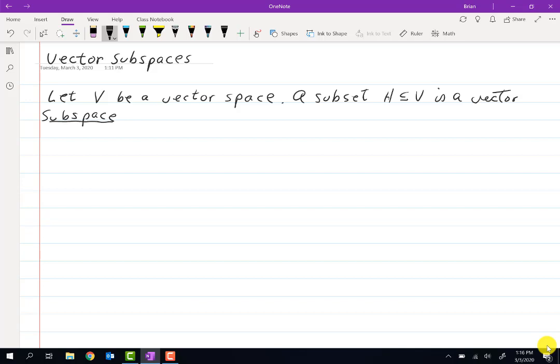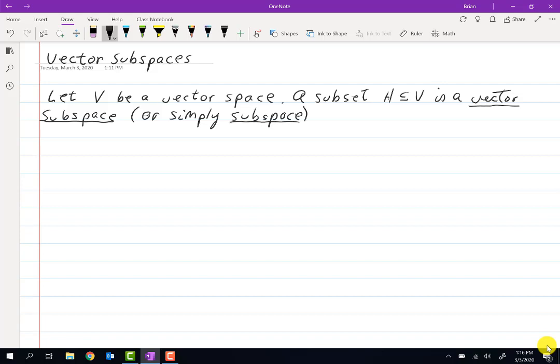So let me underline that part. More often than not, you'll hear it called simply a subspace. I'll almost always say subspace and almost never say vector subspace.